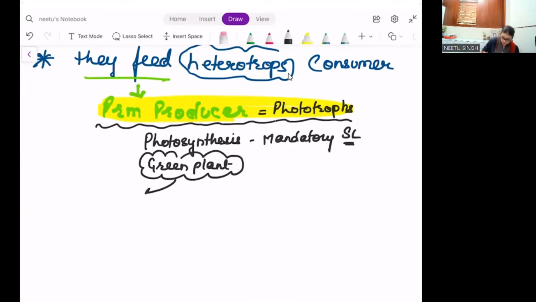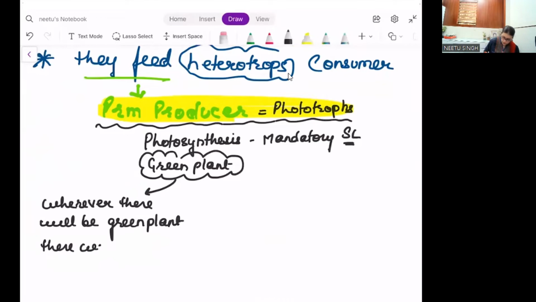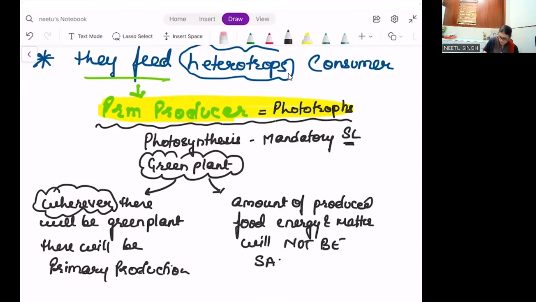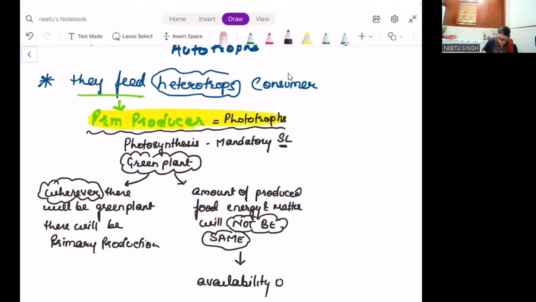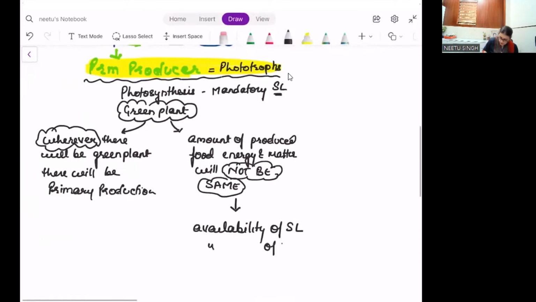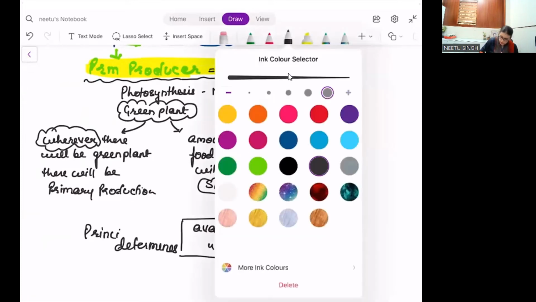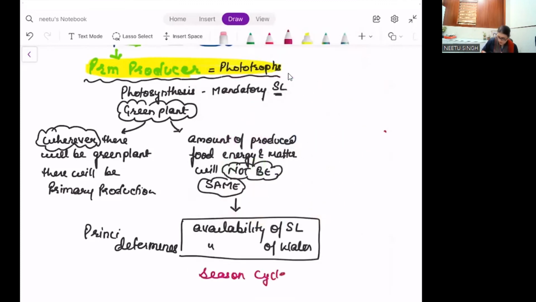So first thing, wherever there is a green plant, there will be primary production. The amount of produced food, energy and matter will not be the same, as these are determined by availability of sunlight and availability of water, the principal determinants, along with season, cycle and age of the plant, the secondary determinants.